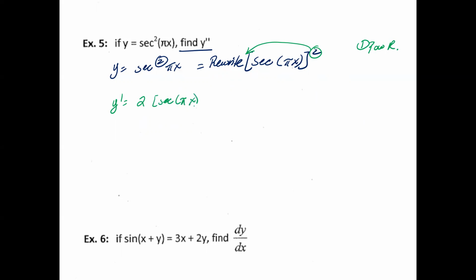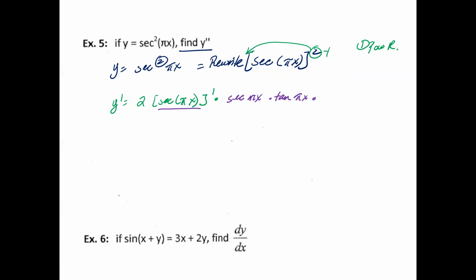secant pi x, minus a 1 gives you just a 1 power, times, remember this is a u, so you will have to find the derivative of secant pi x. And the derivative of secant pi x, remember, is secant pi x times tangent pi x times, and I know you're like, what?